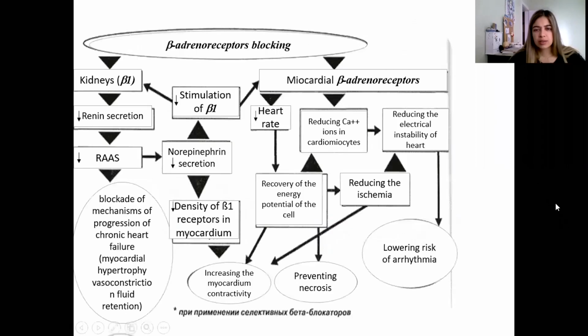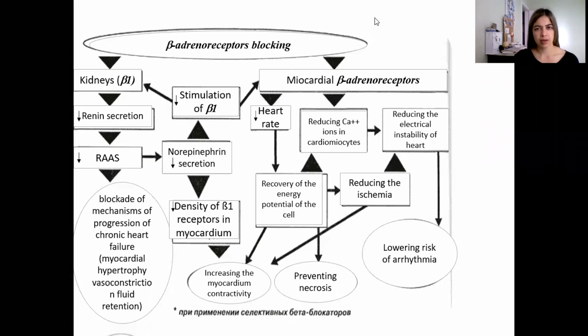Okay, and now talking about beta adrenoreceptor blocking, how can that work in our body? Firstly, we discussed that we have several places where beta receptors can work. For example, in the kidneys, in the juxtaglomerular apparatus, as you remember, it can reduce the renin secretion, which is shown here.